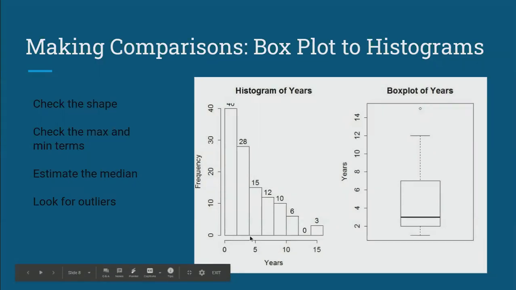Did that make sense? Because that might help some of you also with the first checkpoint. Okay? So again, the median means you have split the data 50-50.